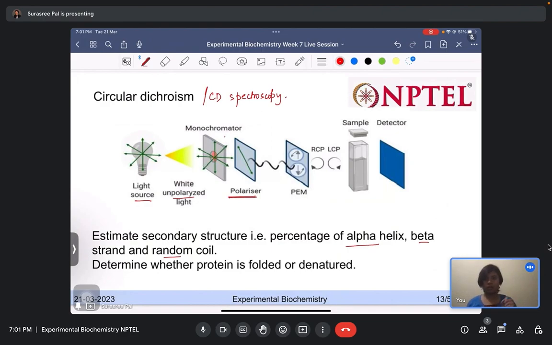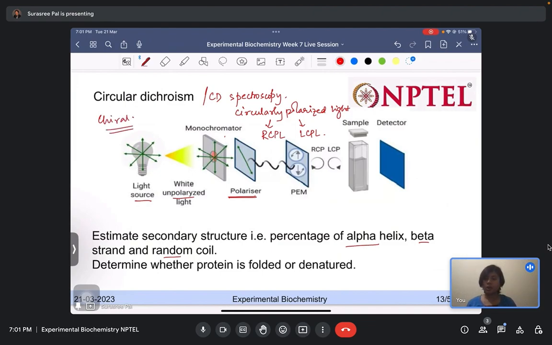The monochromator selects a single wavelength of light, and the polarizer selects polarized light, not unpolarized light. Now this circularly polarized light will have two components: one is right circularly polarized light, another is left circularly polarized light.